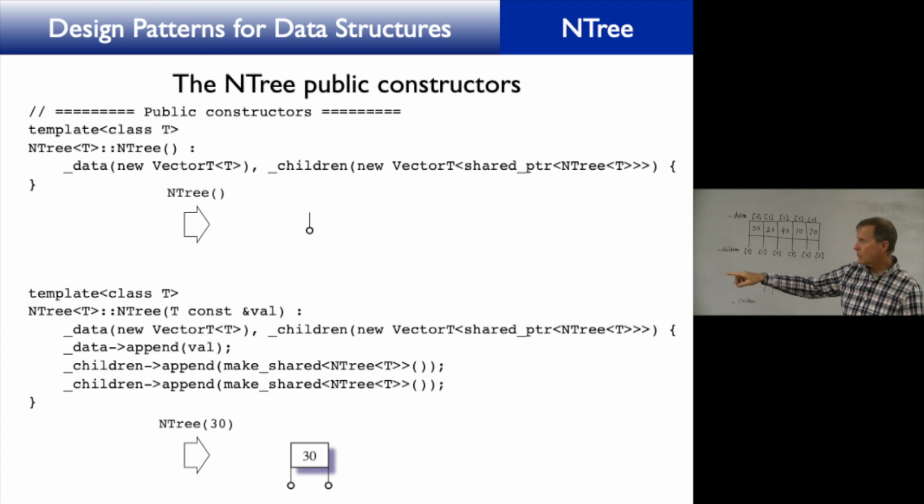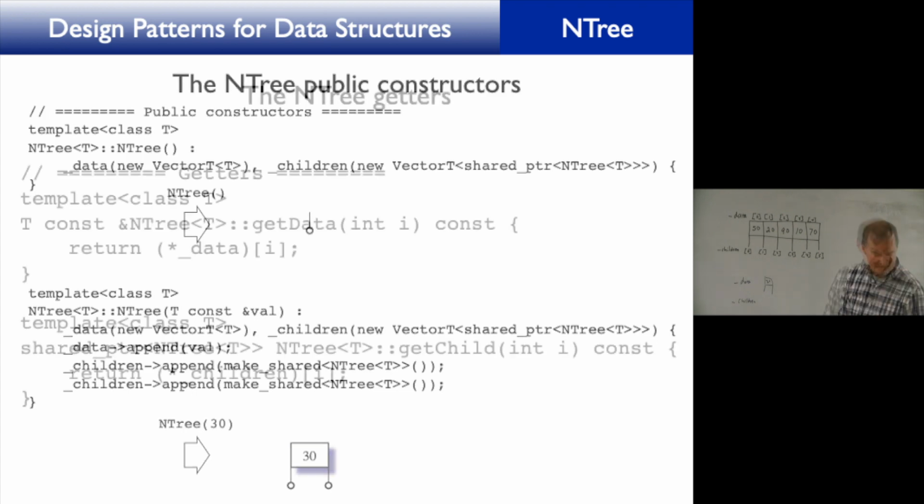And how does it work? We get new underscore children new, underscore data new, and then data arrow append val, and then children arrow append a new empty tree, and then children arrow append another new empty tree, so that puts those empty trees there. Are we good?